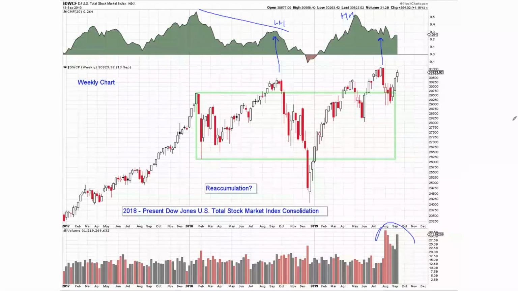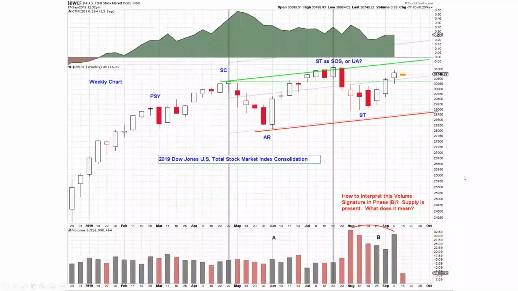So go to the next slide, and you'll see my question. What I've done in this next slide is I've taken the period from the low last December into this year, and tried to overlay some phase analysis on it.